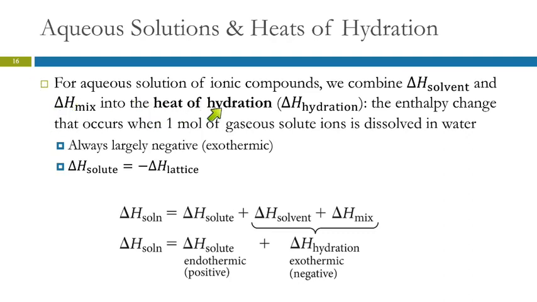We can call that the heat of hydration. And that's defined as the enthalpy change when 1 mole of a gaseous solute in the ion form dissolves in water. So that incorporates the water molecules having to separate and the association of the water with the ions. It's always going to be exothermic.